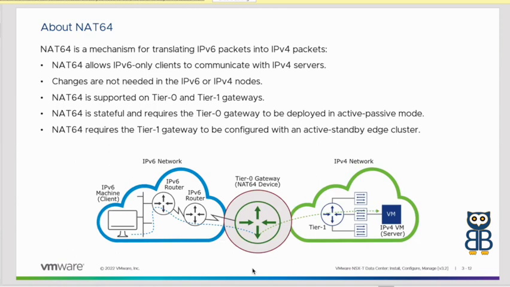And that's where we have NAT64 also. NAT64 is a mechanism which helps us establish connectivity between an IPv6 and an IPv4 infrastructure. Yes, IPv6 adoption is happening, but it's still not completely done, and it's going to take a lot of time because IPv6 adoption is a drastic change in the infrastructure.